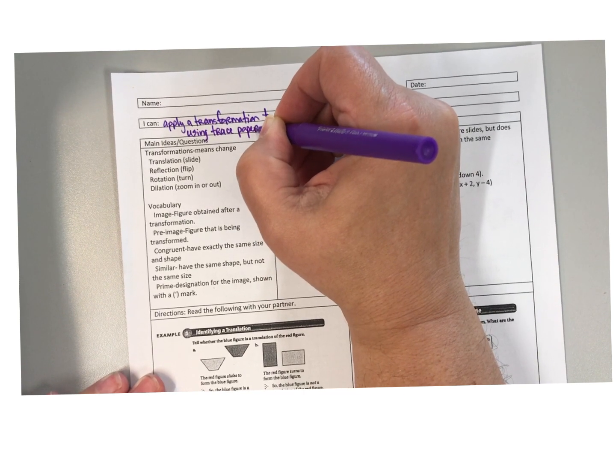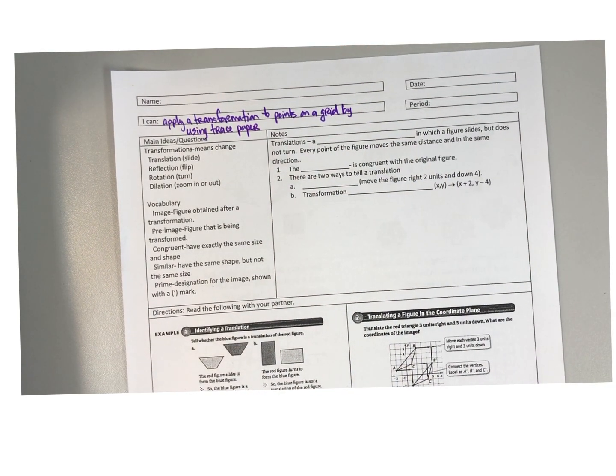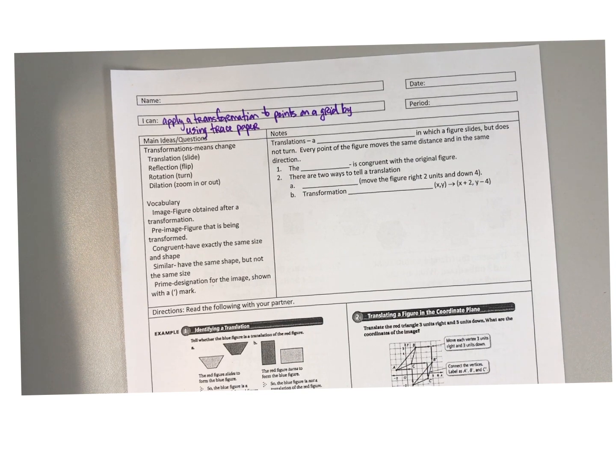I will explain what trace paper is in a second, so you should have that written down. As far as using trace paper, go ahead and transfer a point or picture on a grid.